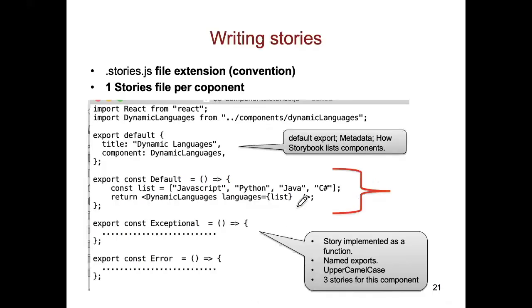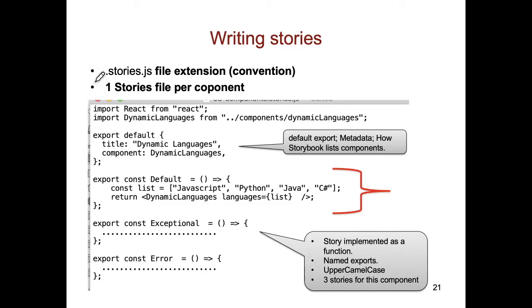So let's go back to Storybook. How do we write our stories? The first thing is, and it's only a convention, the Storybook files by convention have this extension, .stories.js. You would have a Storybook file implementation per component. And by the way, it's convention as well to only have one component implementation per file.